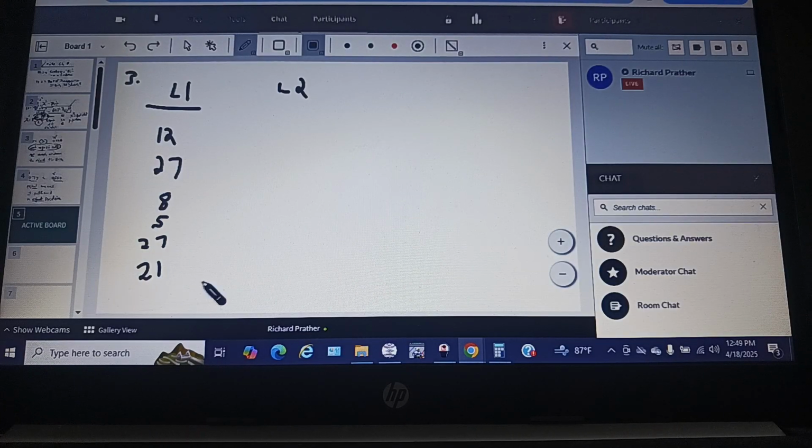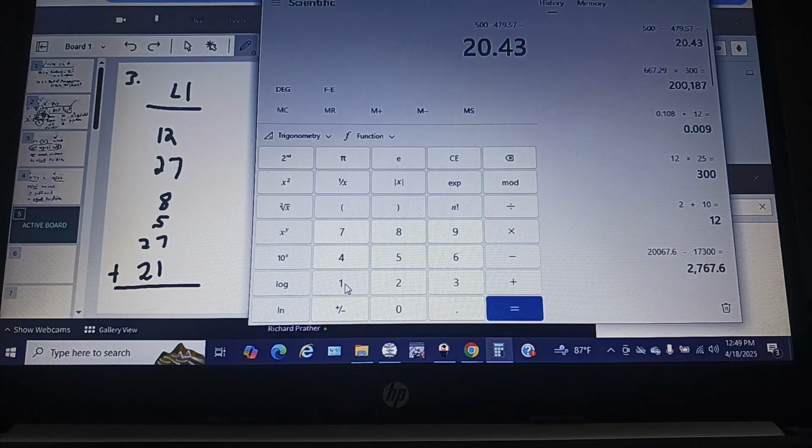Instead of doing the average and putting the average down 6 times, here's what we do instead. Add up all the frequencies, and I'll do it with a simpler calculator so I can see it all at the same time. 12 plus 27 plus 8 plus 5 plus 27 plus 21.